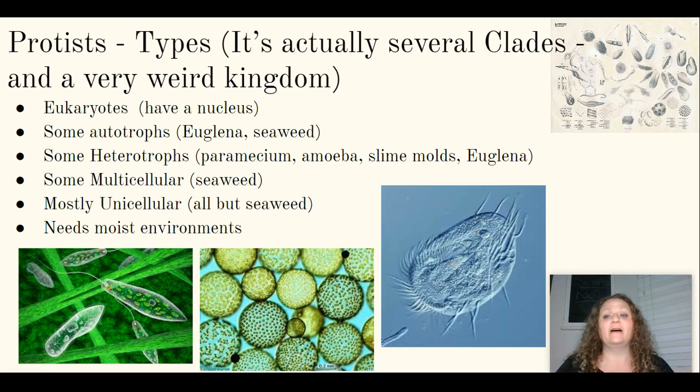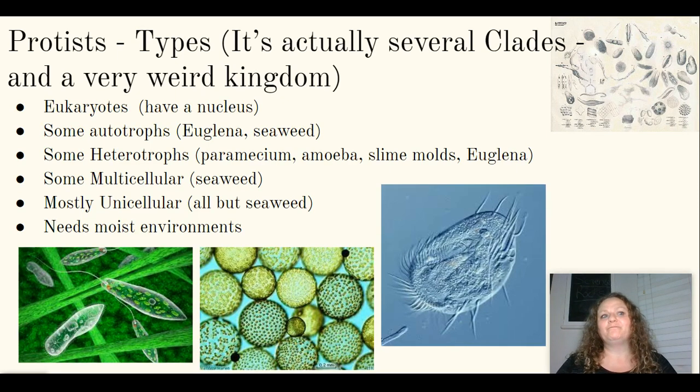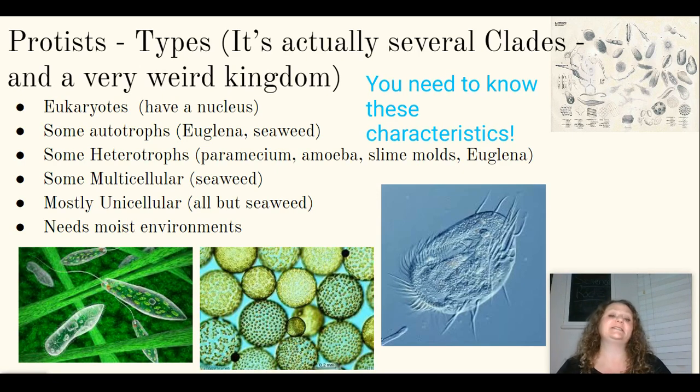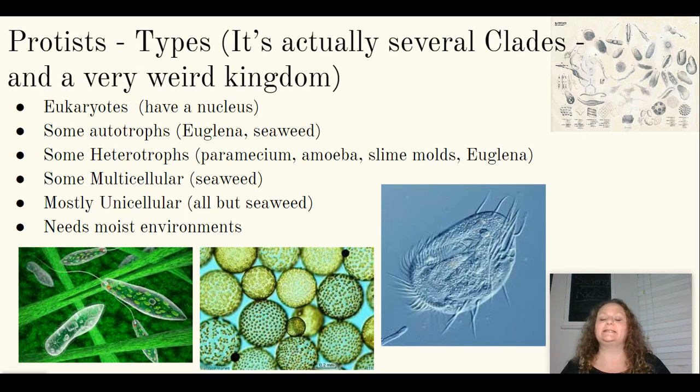Actually, there is a lot of conversation that really the kingdom Protista needs to be split apart into several different kingdoms. Some people have suggested 6 new kingdoms of protists. Some have suggested 3. But the fact is, we can say that protists are split into really 3 general clades.